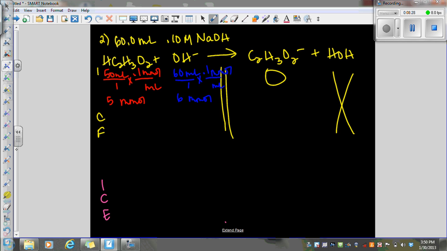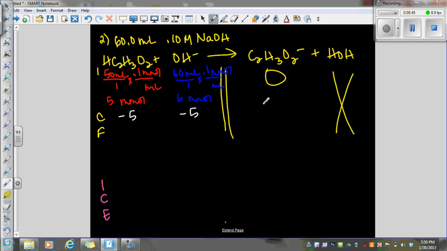Okay, so what you should see here is that now your acid's limiting. So at this point, the buffer has kind of reached its capacity. It can't take any more hydroxide. So now we've got excess hydroxide.